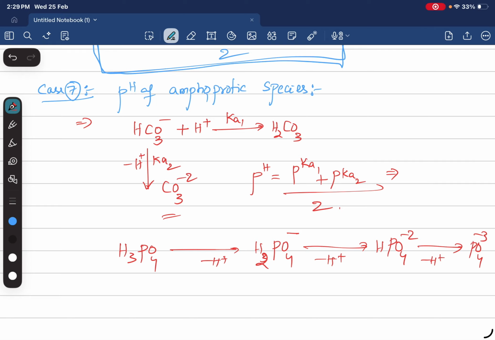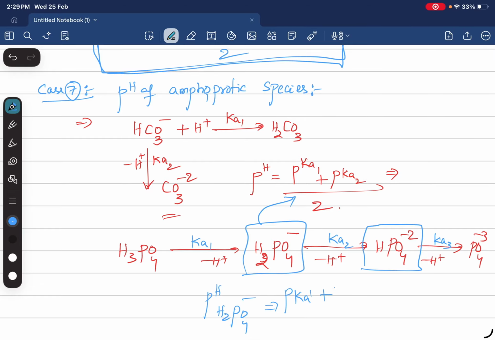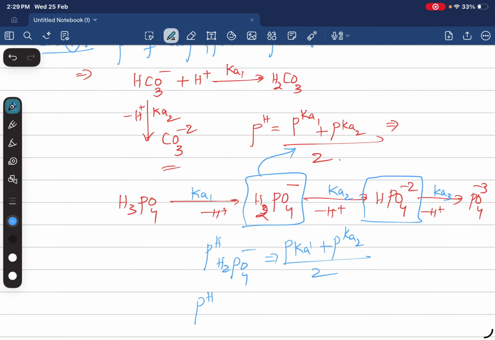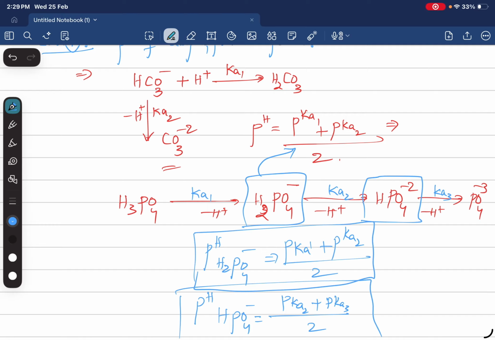Here two are the amphiprotic species, one is this one, another one is this one. So for this one we can use this formula, because this is Ka1 value, this is Ka2 value, this is Ka3 value. If you want pH of H2PO4-, we can take it as pKa1 plus pKa2 by 2 average. Similarly, pH of HPO4 2-, if you want, then you can write it as pKa2 plus pKa3 by 2. This is the formula for pH of the respective ions.